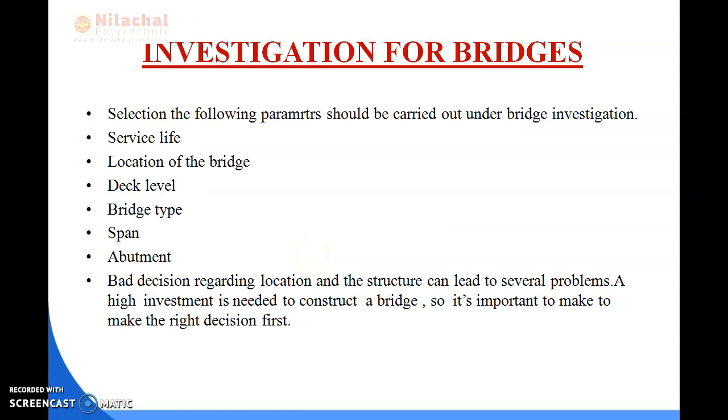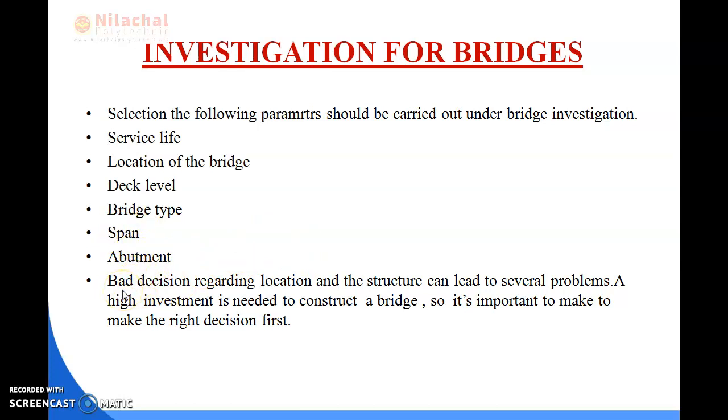So, what is the investigation for the bridge? What are the criteria? The following parameters should be carried out under bridge investigation: service life, location of the bridge, deck level, bridge type, span, and abutment.